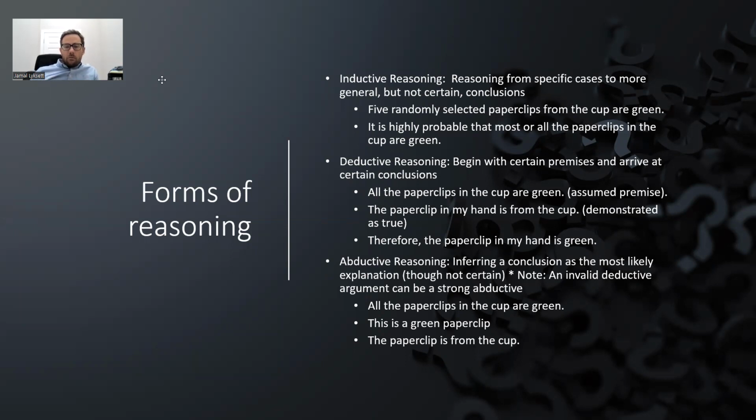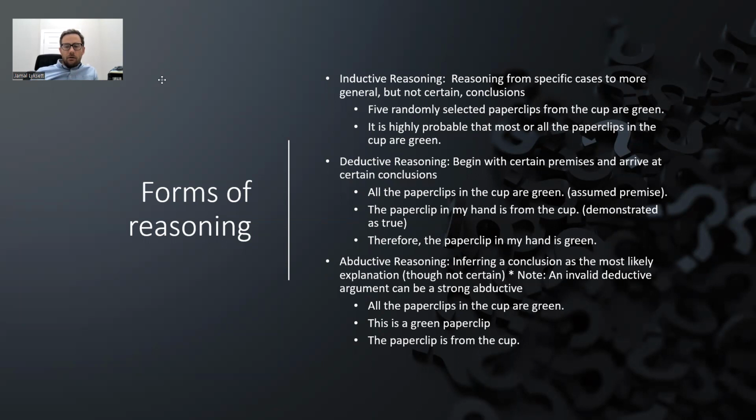So that would be deductive reasoning, because we start with the premises that all of the paper clips are green, right? And that the paper clip in my hand is from the cup. And we, from that, draw the conclusion that the paper clip in my hand is green.